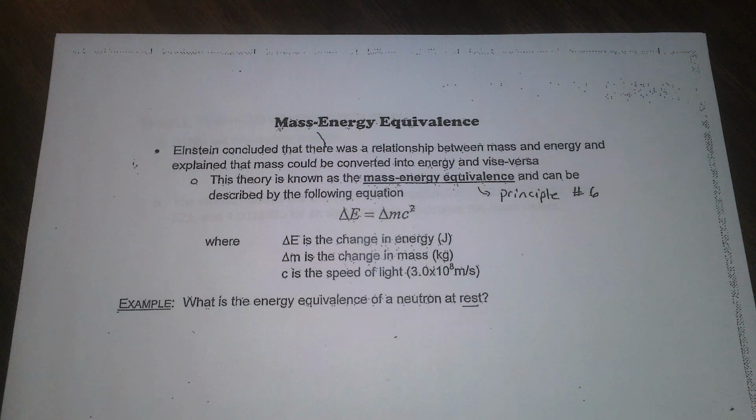Your weight will be affected by the gravity on those other planets or moons. But your mass, we always say your mass is your mass. Well, here now we're telling you that there's a change in mass. And you're like, what? So this is what it looks like.